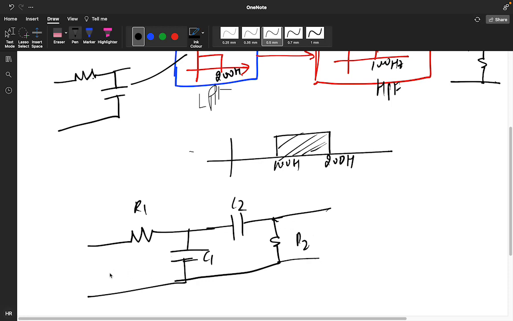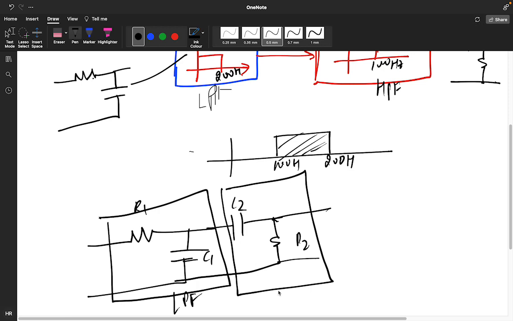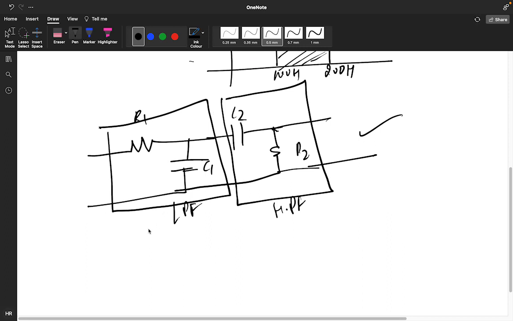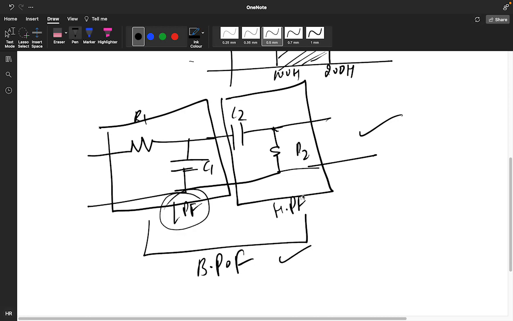So this is the low pass filter, and this is your high pass filter. Overall it is a band pass filter, where the cutoff frequency of the low pass filter must be greater than the cutoff frequency of the high pass filter. FC of this must be greater than FC of this. Is this clear to everyone, or any doubt?